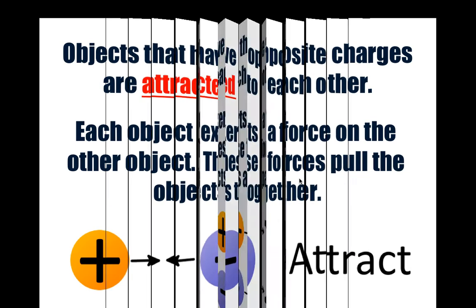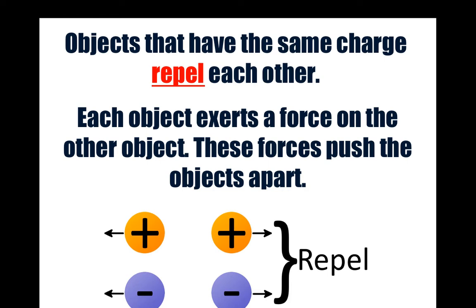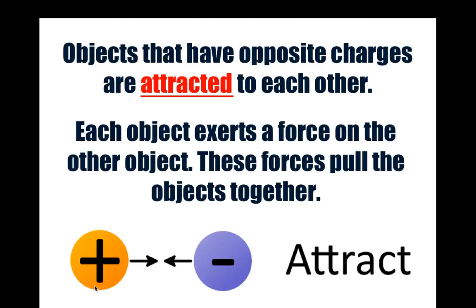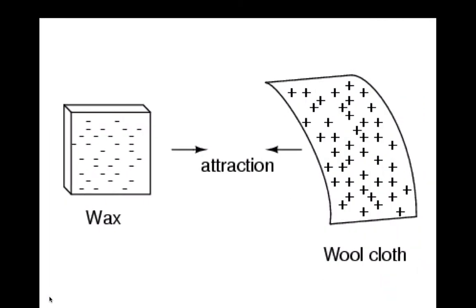And the last one, we had a push because they are coming apart. All right, so wax and a wool cloth, sorry. Going to have positive, going to have negative. They'll be attracted to each other.